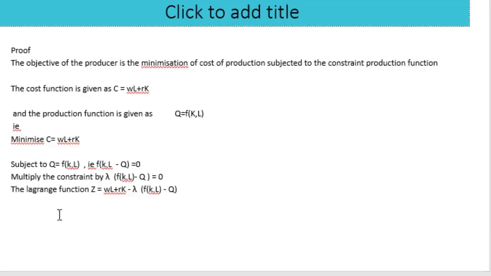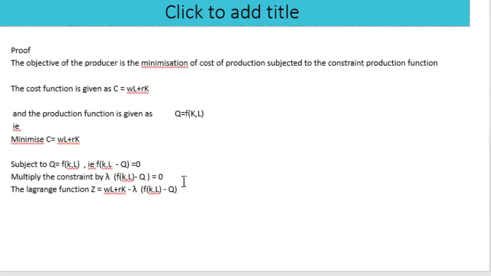Then the new Lagrange function can be written as Z. Here we have already used L, therefore we use another letter to describe the new function, that is Z equal to WL plus RK minus lambda times f(K, L) minus Q. This is the new Lagrange function. The conditions are the same.